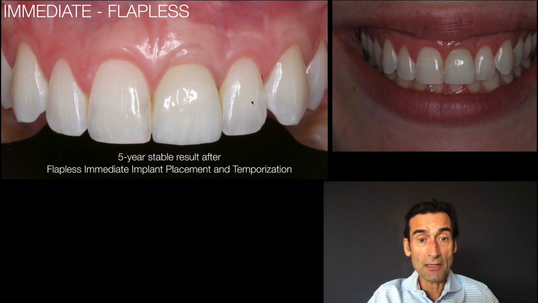Now, in this particular patient, you can see this is 5 years post-implant placement, flapless, with a socket graft, with a soft tissue graft, with an immediately placed custom abutment, and a temporary.